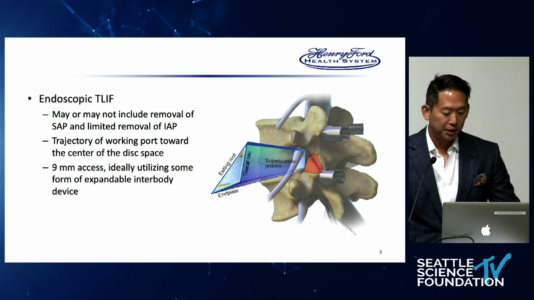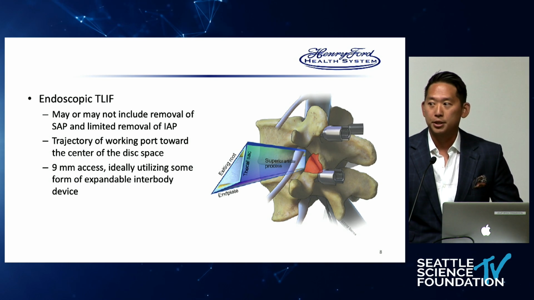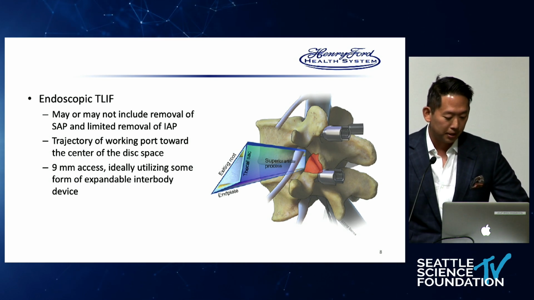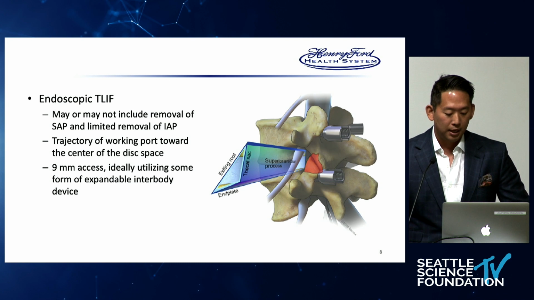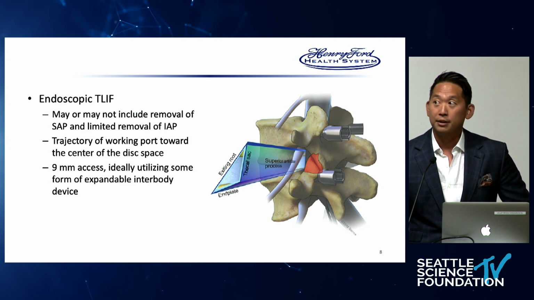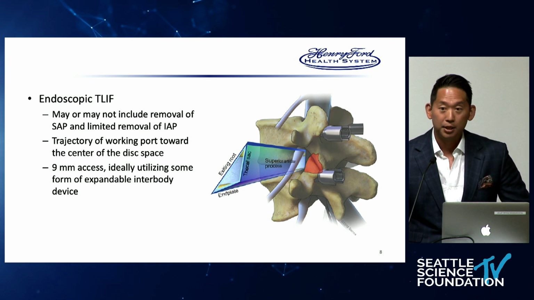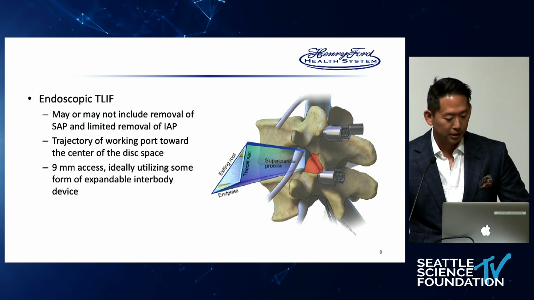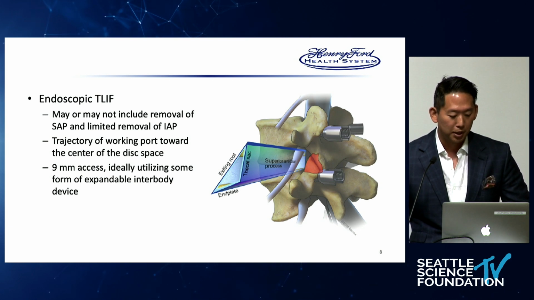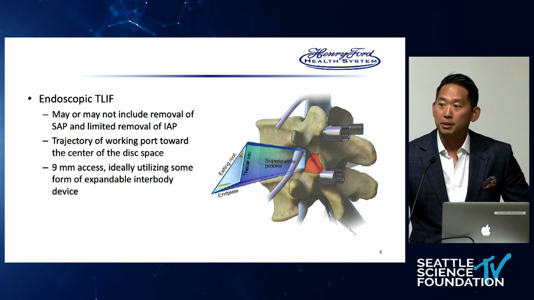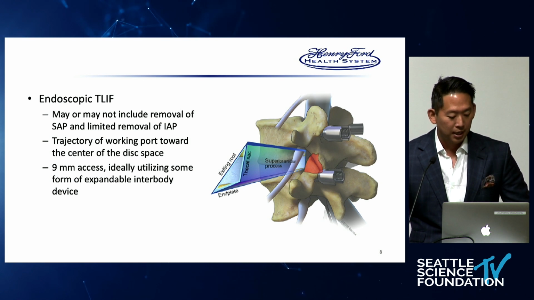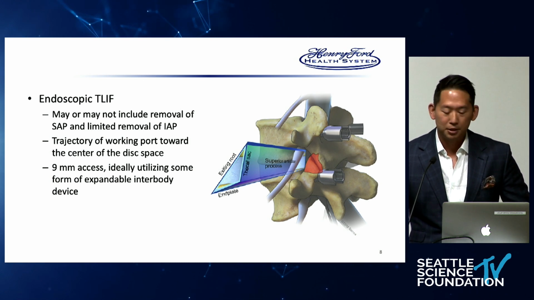With an endoscopic TLIF, there are different ways to do this, and Christoph will talk in more detail, but you can have a limited removal of the SAP and maybe a limited removal of the inferior articulating process as well. Your trajectory here is toward the center of the disc space, and you have about 9 millimeters of access.